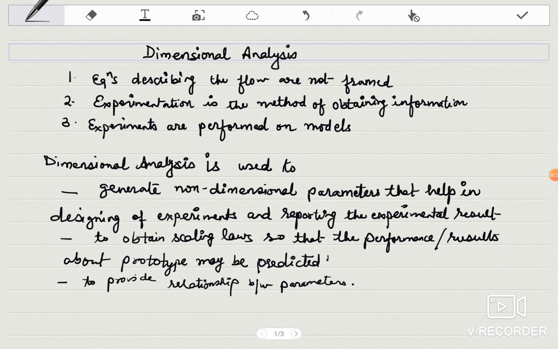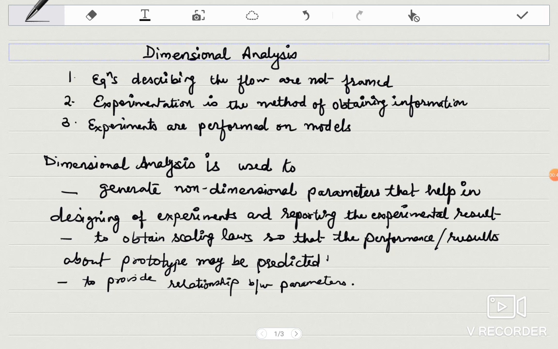The purpose of dimensional analysis is to parameterize your equation or your physical system, which is described in terms of the values obtained through experimentation.